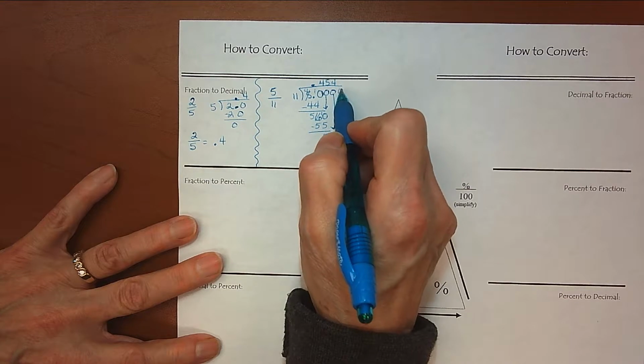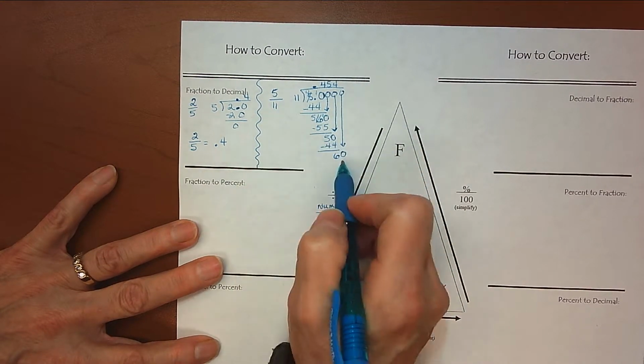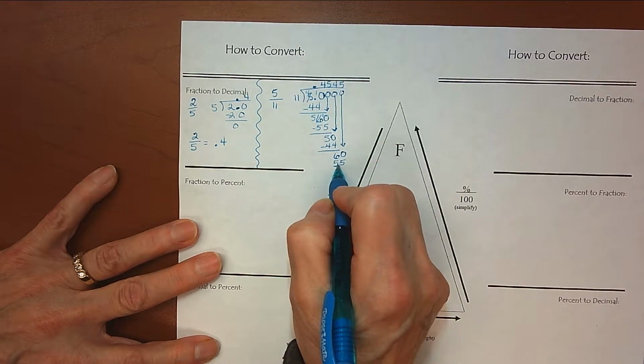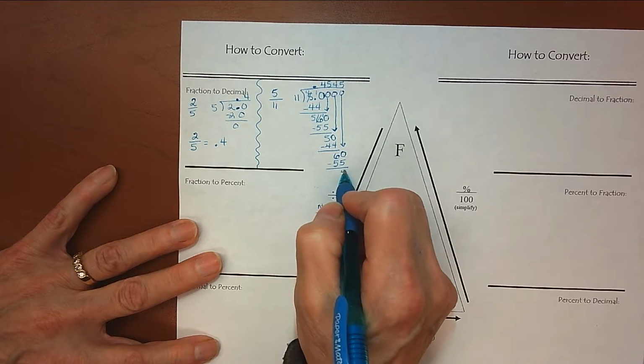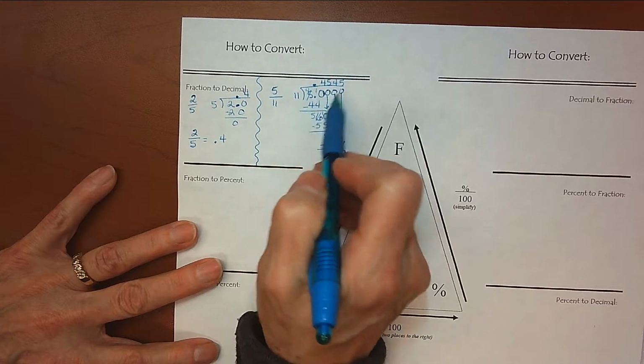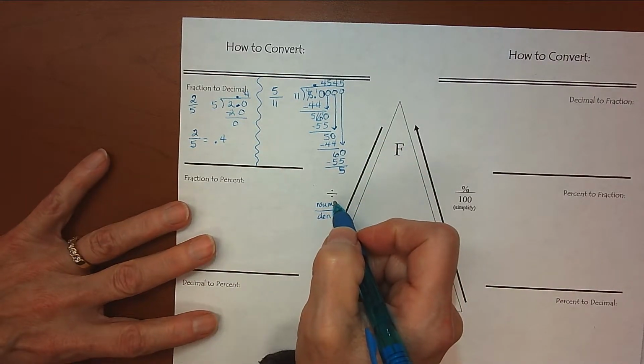Add another 0. Bring it down. 11 divides into 60 5 times. Subtract, and there we're back at 5 again. You can see that we're going to have this repeating pattern, 0.45, 45, 45, 45. And I know a lot of you already know what to do with that.